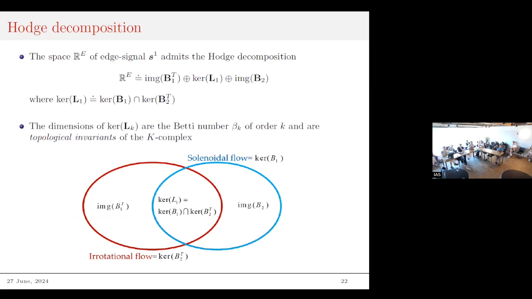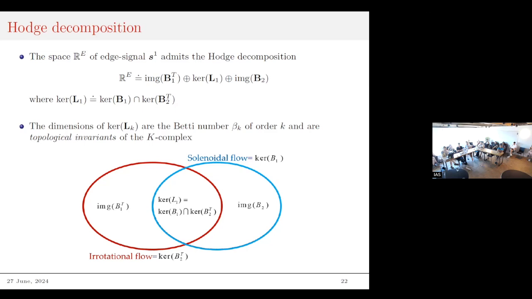The representation of the signal of this space is the so-called Hodge representation of the signal. If I consider the space of the edge, I have the edge signal s1, and I am in the space of the edge signals, R^n.